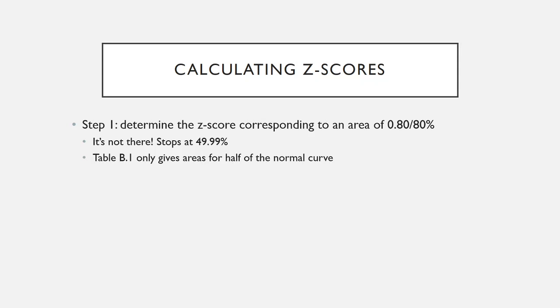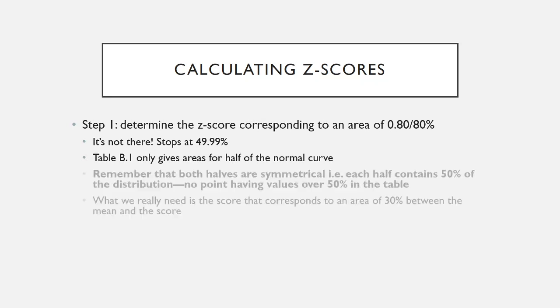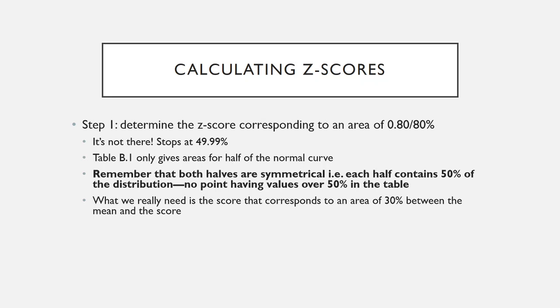You need to stop and think again about the logic of the normal distribution. In the table, the percentages only go up to 49.99%. Basically, the table is only going to give areas for half of the normal curve. But think about why that's perfectly sufficient. Remember that both halves of the distribution are symmetrical.